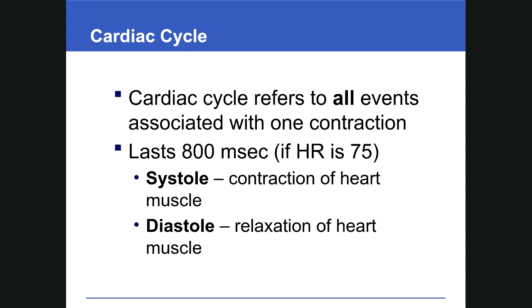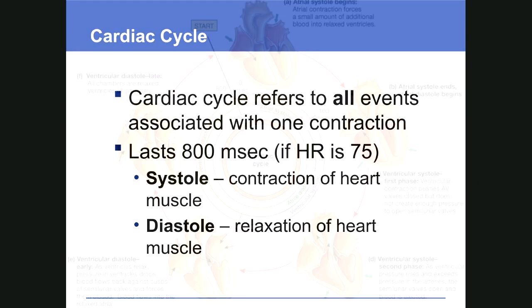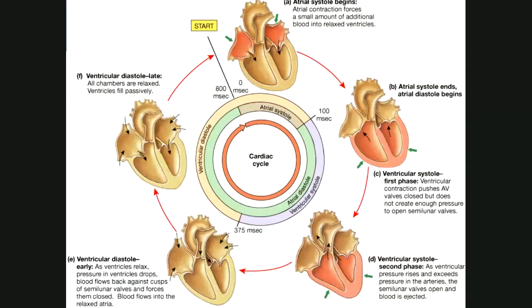Well, if you think about it, if it's beating 75 beats per minute, if we divide that into 1 minute, you can figure out that each beat takes 0.8 seconds. So in other words, this cycle that we were just looking at all the way around and then starts again, that's 1 beat, and each beat takes 0.8 seconds.